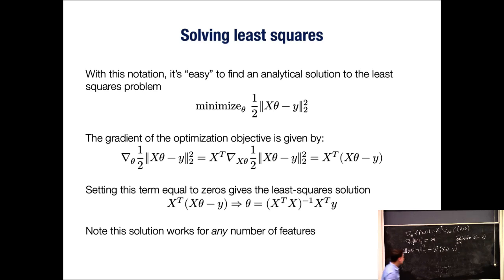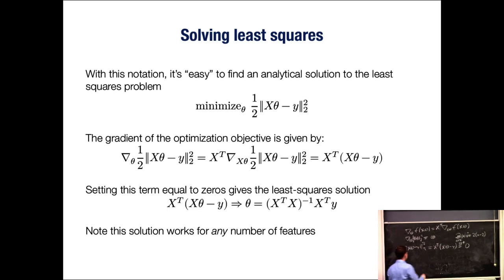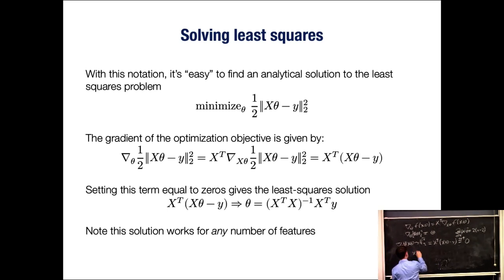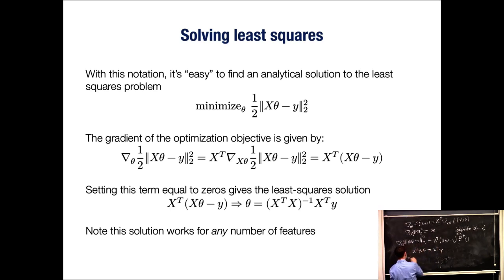We then set this equal to 0. And then we'll just move terms around. That will imply that x transpose x theta equals x transpose y, or in other words, theta equals x transpose x inverse x transpose y.